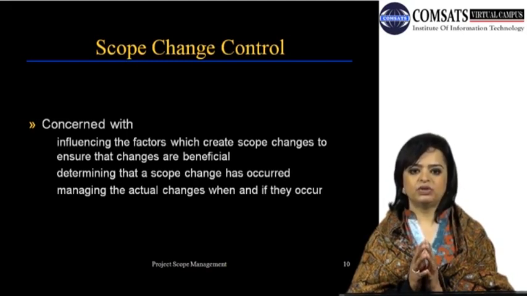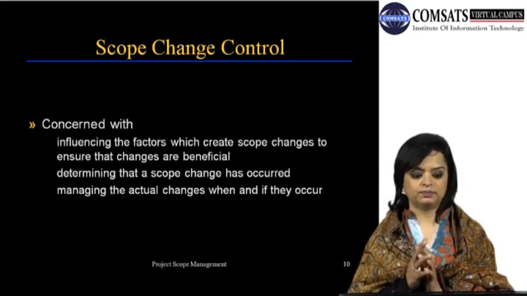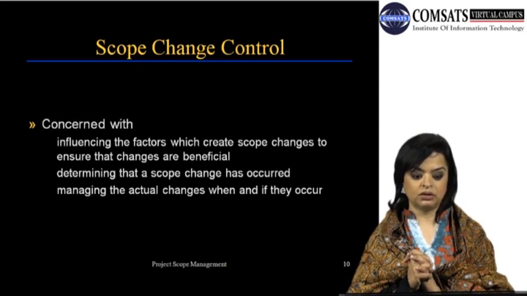And within the scope management plan, there is a process called the scope change control that is concerned with influencing the factors which create scope changes to ensure that the changes are beneficial, determining that a scope change has occurred, managing the actual change when and if they occur.